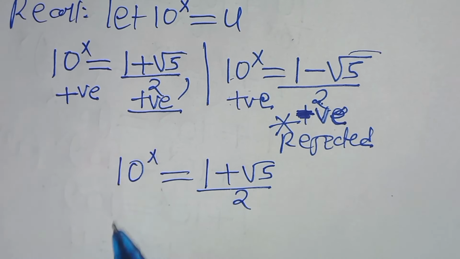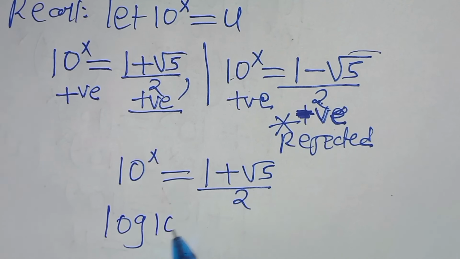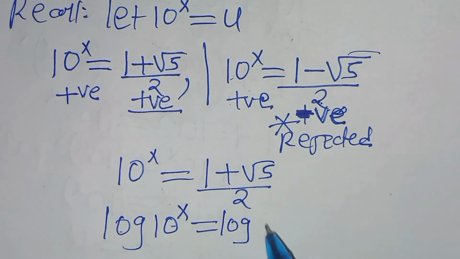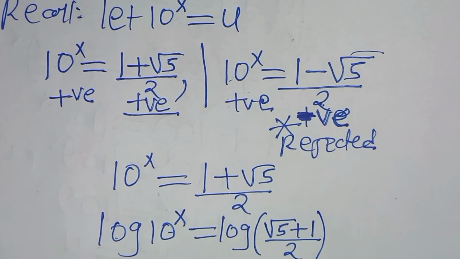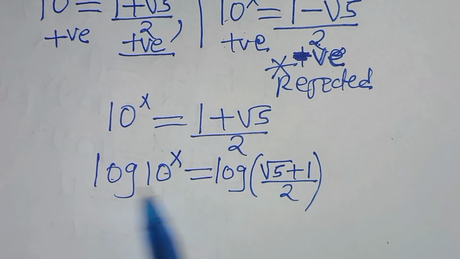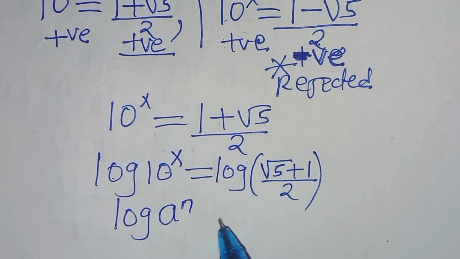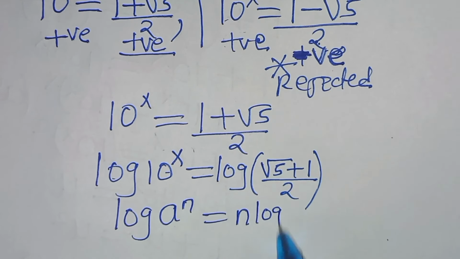To solve for x, we introduce logarithm on both sides. So we have log 10 to the power x equal to log of square root of 5 plus 1 over 2. Log 10 to the power x is in the form of log a to the power n, which we can express as n log a.